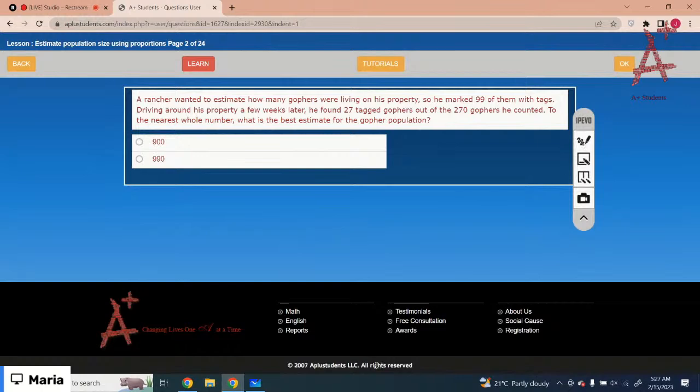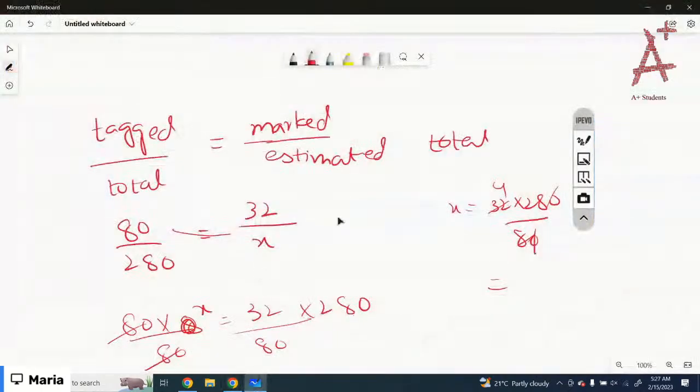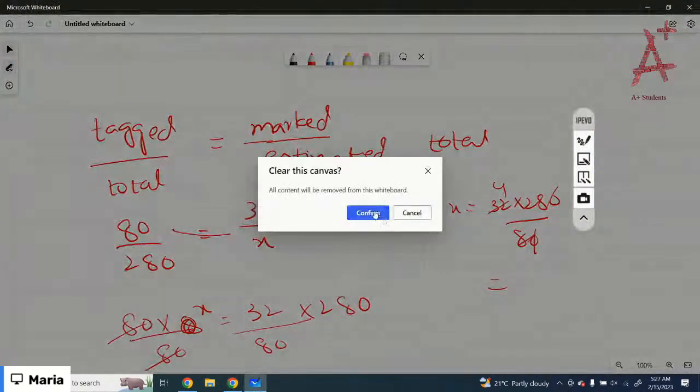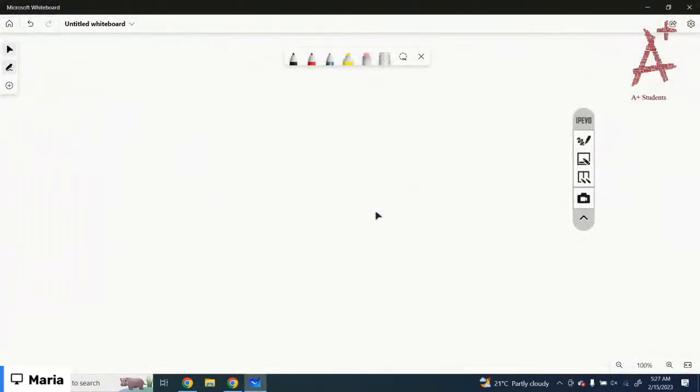So it would be 27 over 270 equals 99 over x.